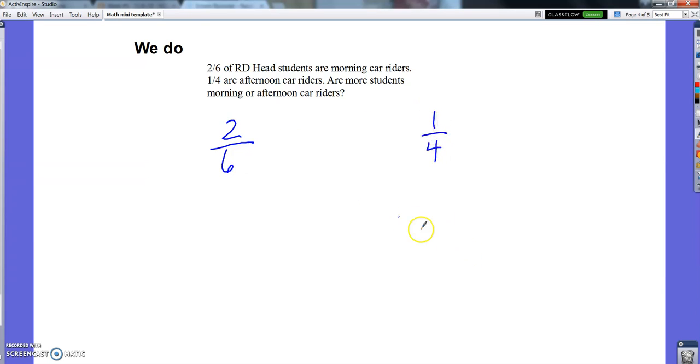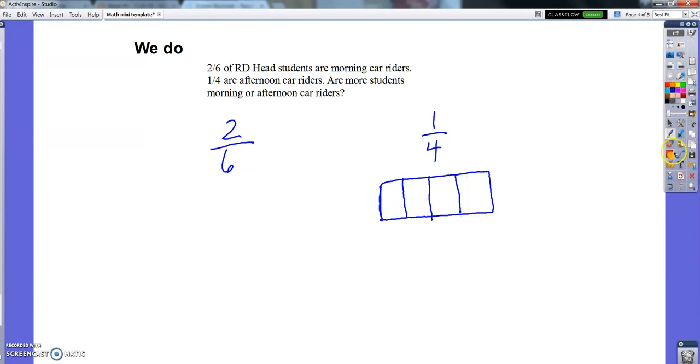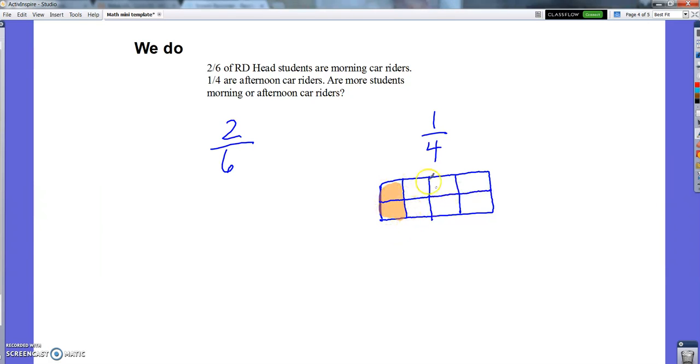And what I always told you to do before, I'm going to write this down, is I would say, all right, well, draw your 1/4 and cut it so that you end up with sixths instead of fourths.